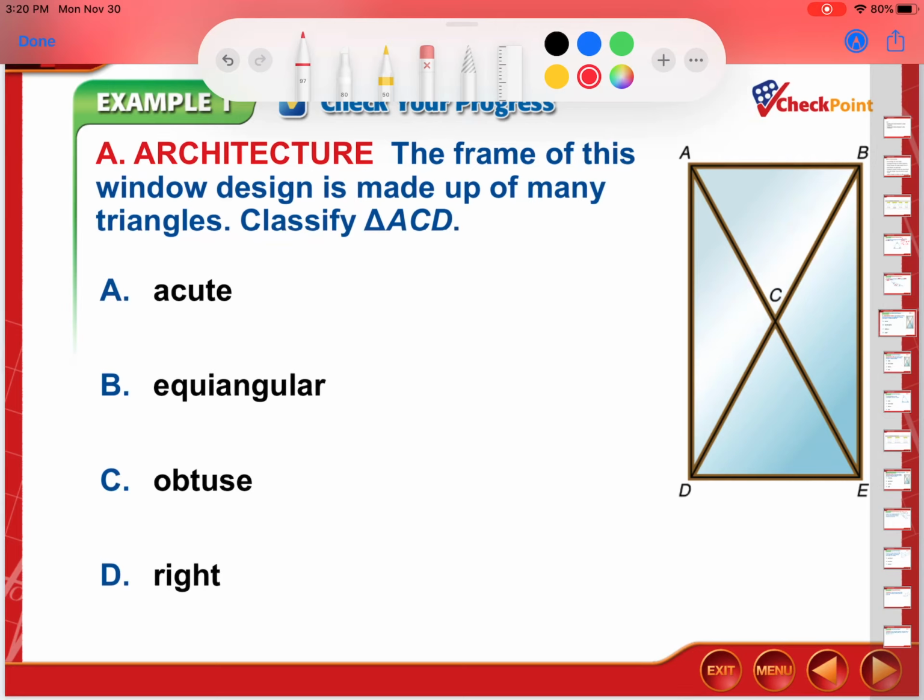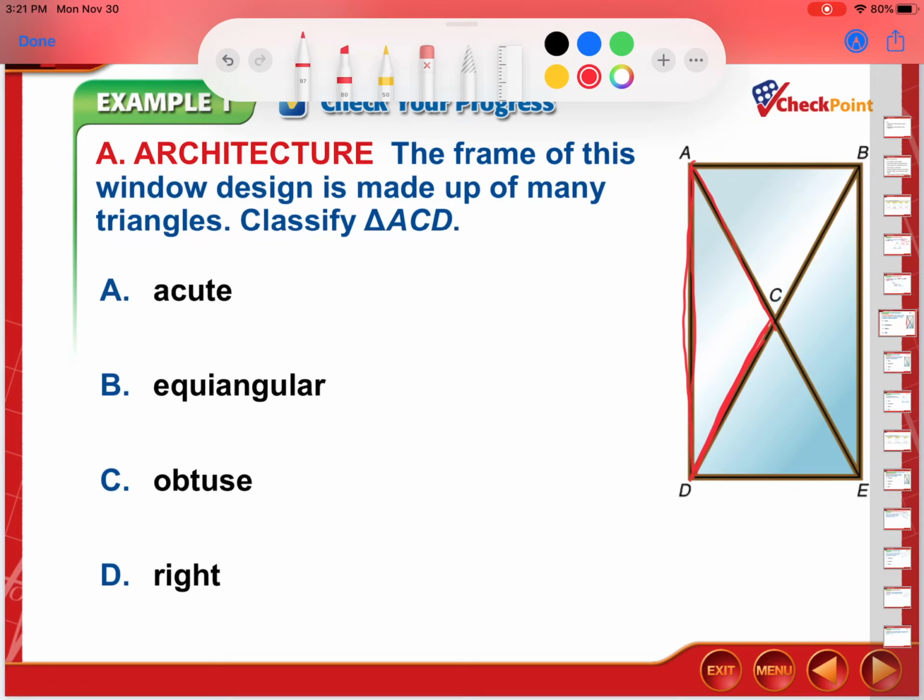All right, so we have an architecture question. The frame of this window design is made up of many triangles. Classify triangle ACD. Okay, so triangle A, let's grab this one, and let's go for slightly bigger. So ACD is going to be this little triangle right here, or not so little triangle.